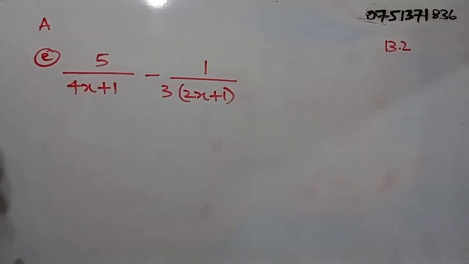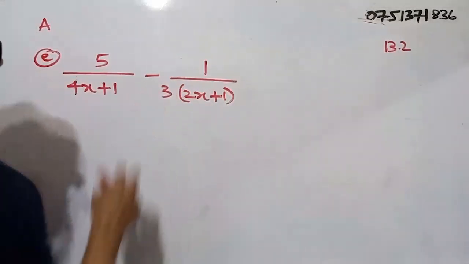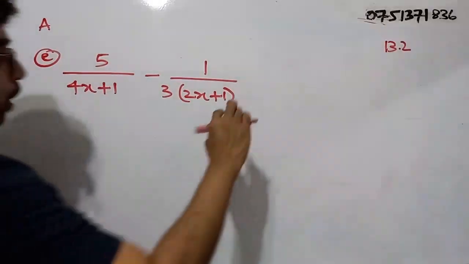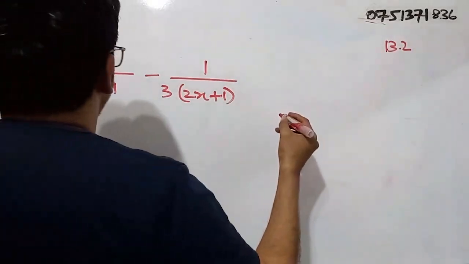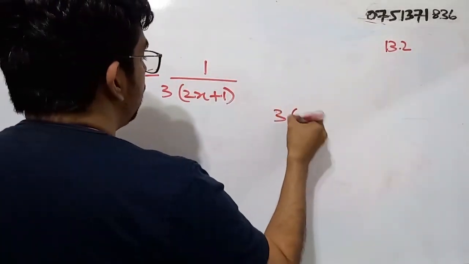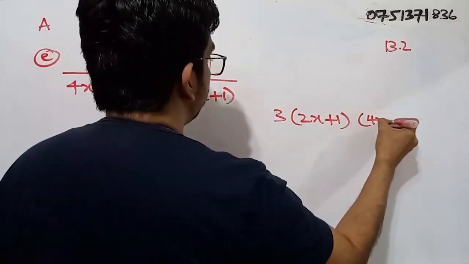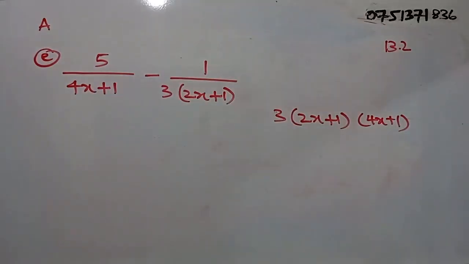Okay. So the next question here, as you can see, we have different denominators. So what should be the least common denominator? So it will be somewhat of a longer one, right? So it will be 3 into 2x plus 1 into 4x plus 1, right? So that means if we consider the first fraction, right?